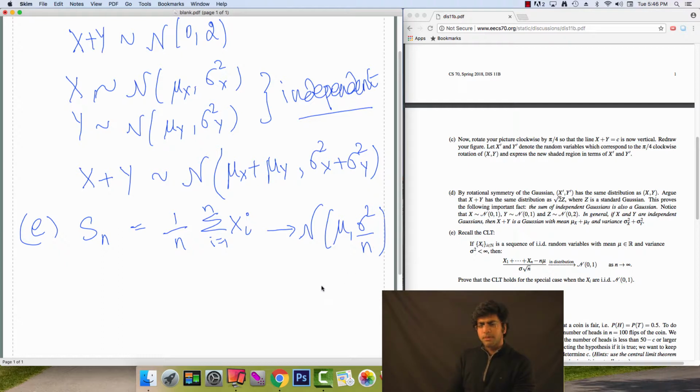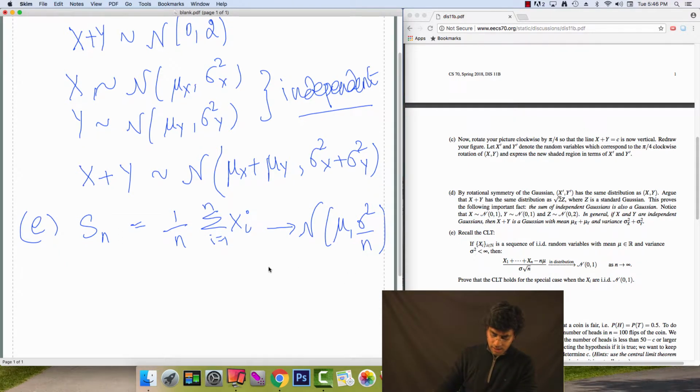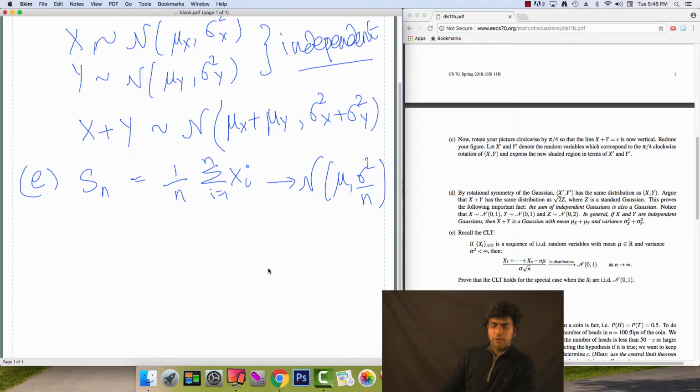Now, the proof of this is beyond the scope of CS70. However, we will prove this for a special case when each of the x sub i's is normal with some mean mu and some finite variance. Remember, the CLT holds no matter what the distribution of each of the x sub i's is.